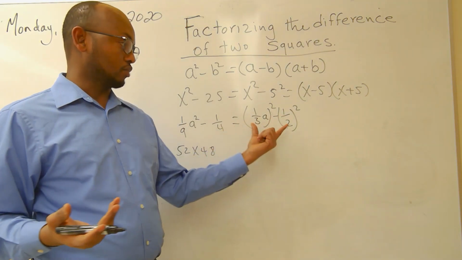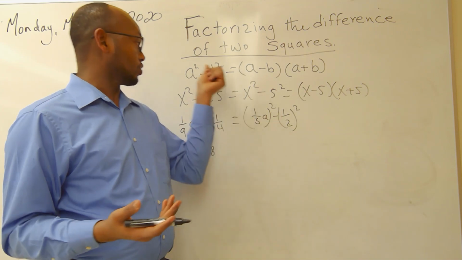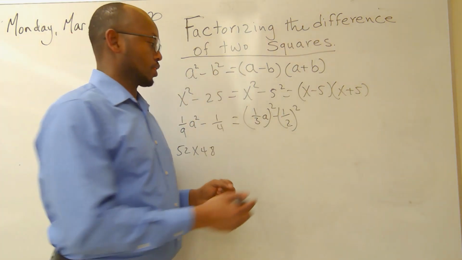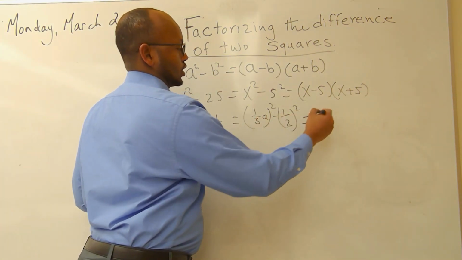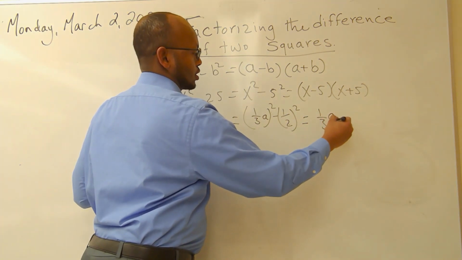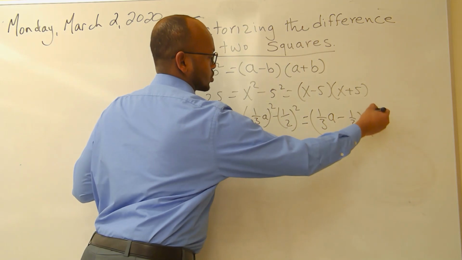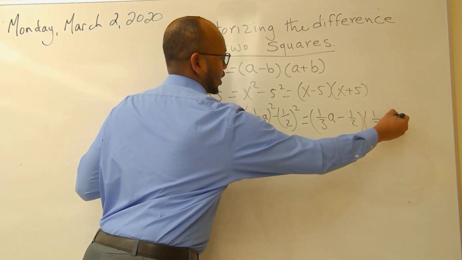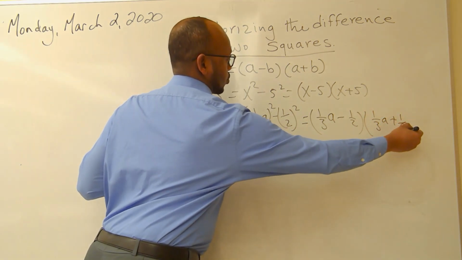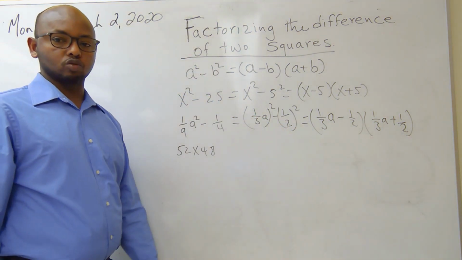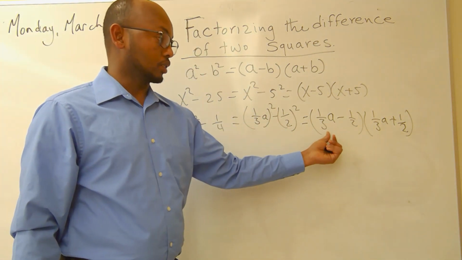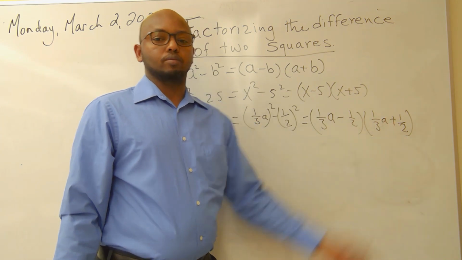So you have to write the formula of a squared minus b squared. Then you can say 1 over 3a minus 1 over 2 in brackets, another factor, 1 over 3a plus, change the sign, 1 over 2. Is that clear? You just change the sign, but the letter and the numbers stay the same.